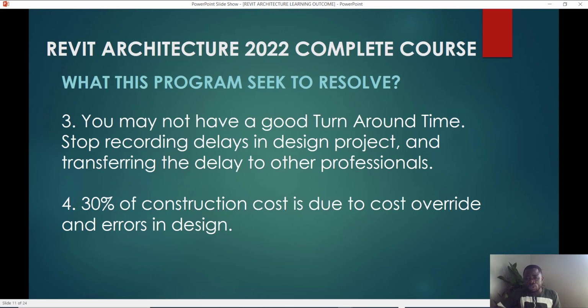Now, another reason is that sometimes you will not have a good turnaround time. As an architect, design takes time, because it's all about creativity.